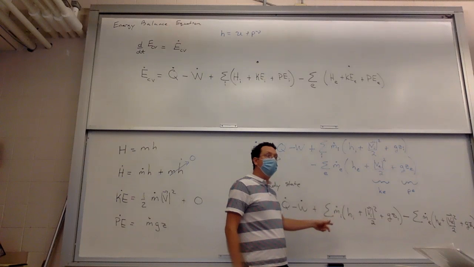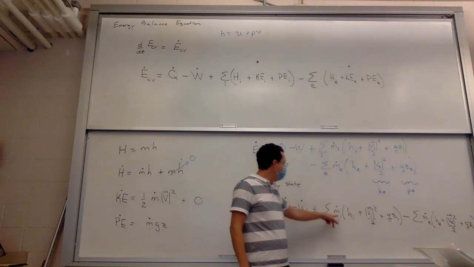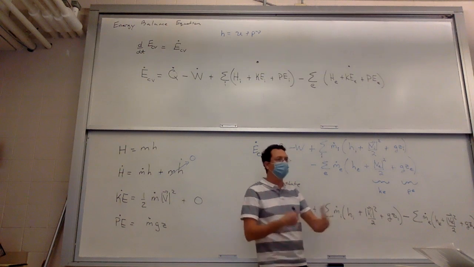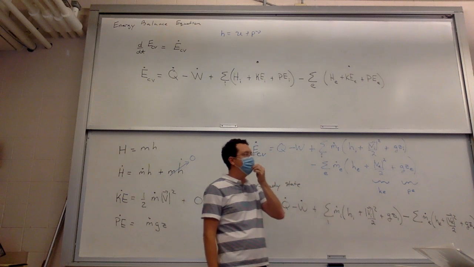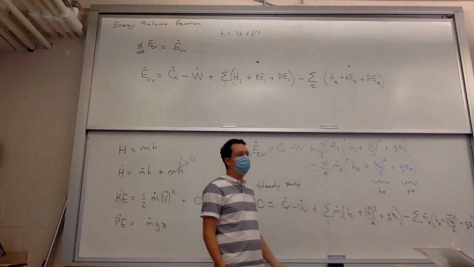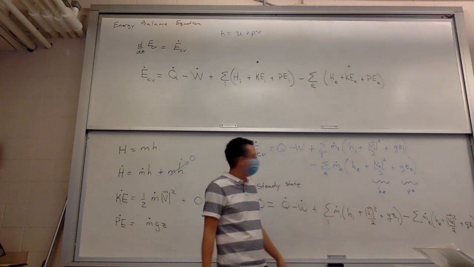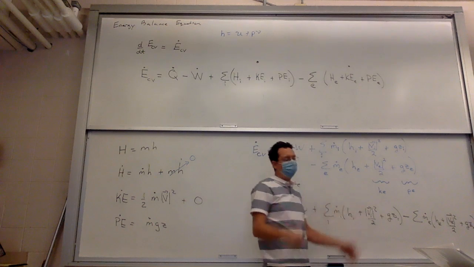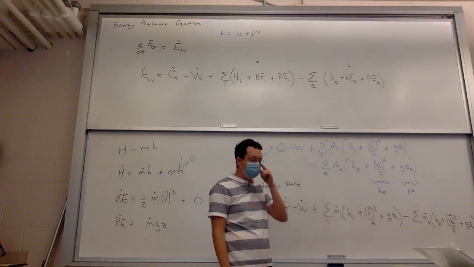So think about how many unknowns you have to solve for. For every input and output, you have to determine the mass flow rate and the state. So you need to know pressures, temperatures. It all gets tedious. You're going to do that all numerically in practice. For real materials, you're going to have to do it numerically because you're going to have to pull the data from a table.